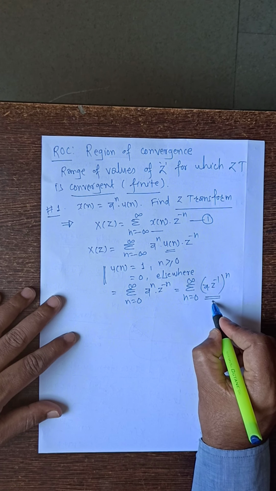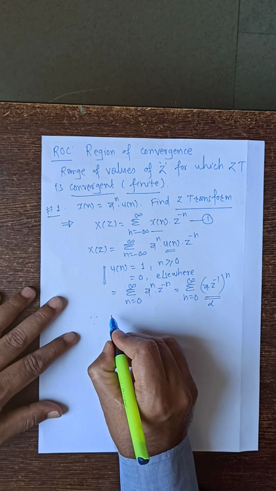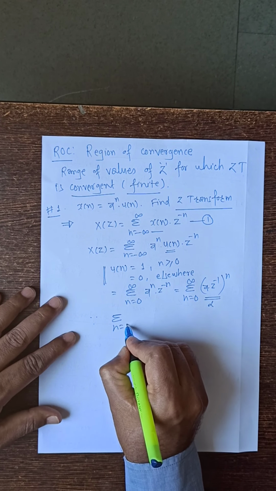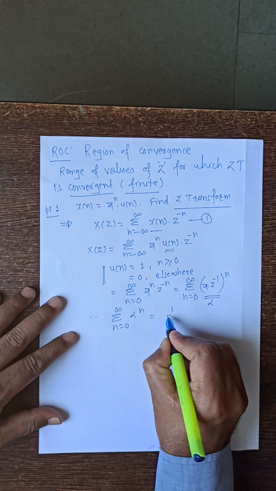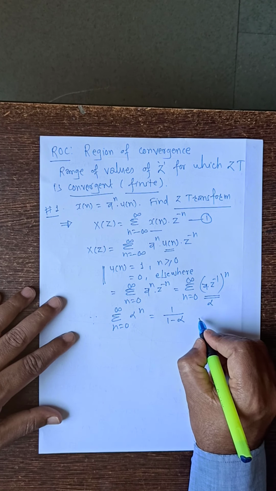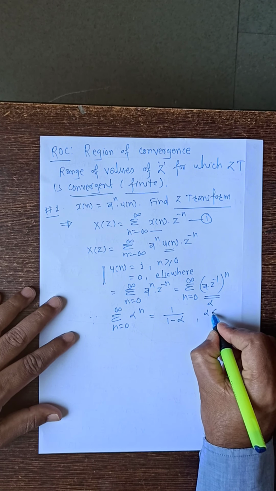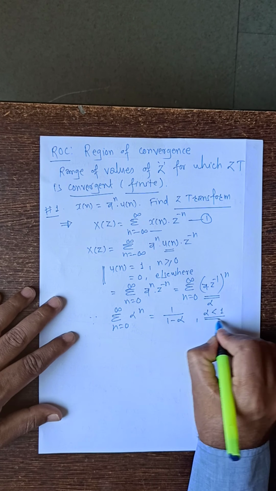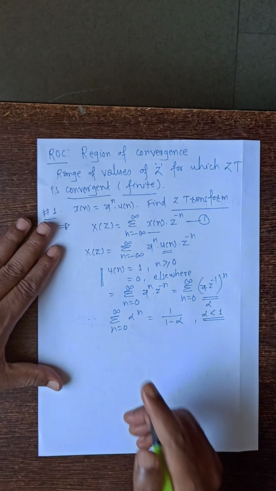So I have put it into the geometric series. Let it be alpha. So we know this is the geometric series: summation n equals 0 to infinity alpha^n is equal to 1 divided by 1 minus alpha, provided that the magnitude of alpha is less than 1. Then you can apply this geometric progression, GP.